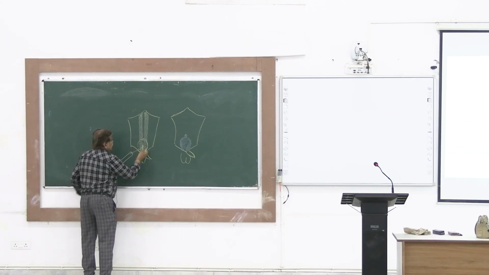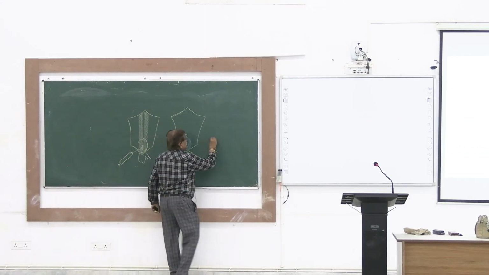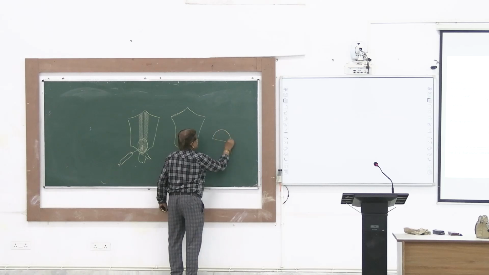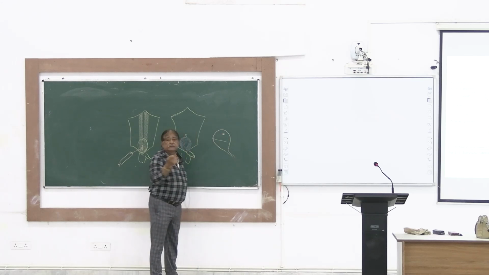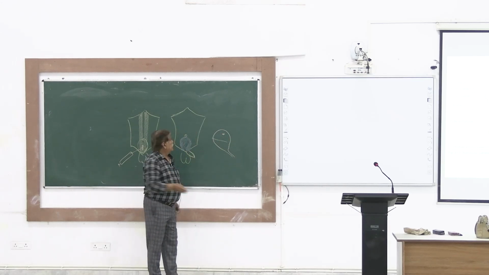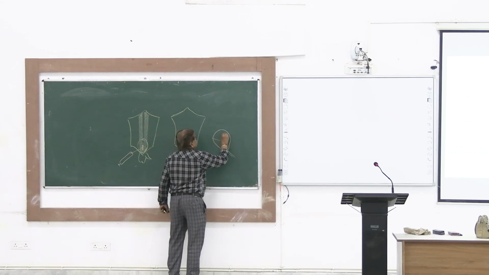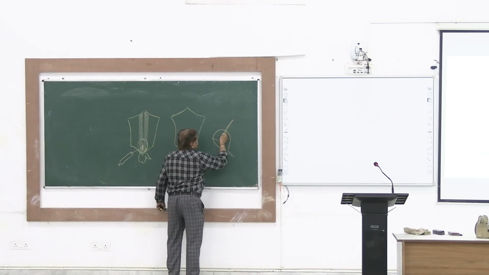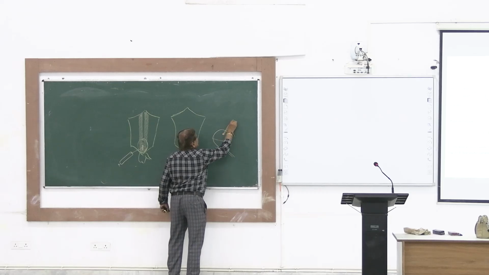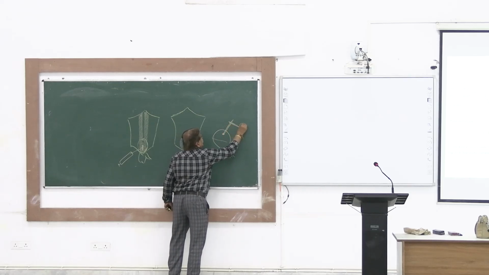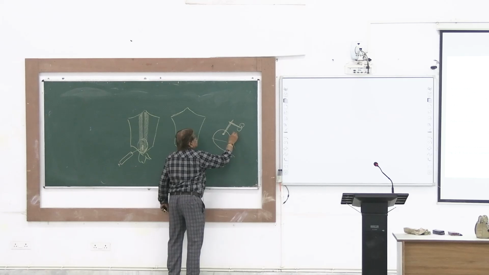Now you take atraumatic sutures, you prick the bladder and you hold it with hemostatic forceps.